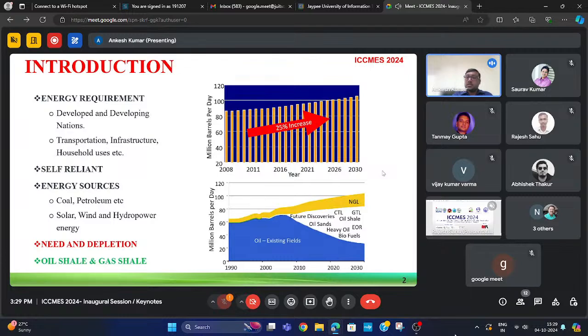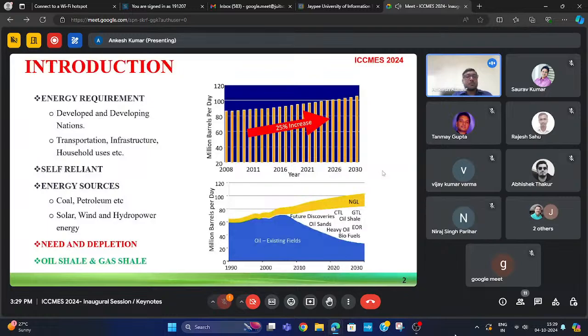Petroleum is equally important in that aspect. Development suggests that we depend on all these sectors. But if you look at energy generation with respect to non-renewable and renewable energy resources, there is a huge gap.